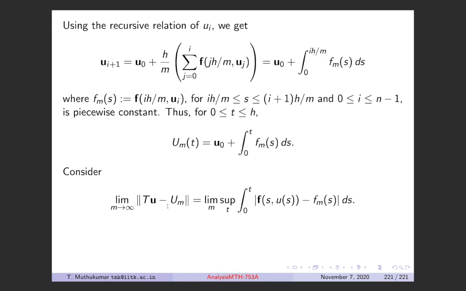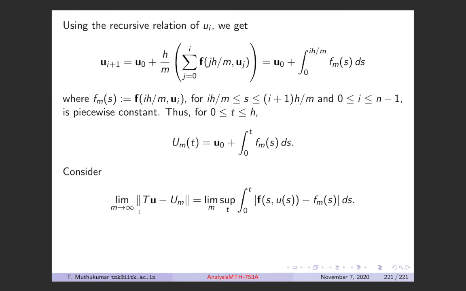And this is in this form. So this u0 will get cancelled when you subtract. What remains is this integral. So what remains is the integral of f, which is coming from Tu, and fm, which is coming from Tum. So this difference. Okay, so limit of m going to infinity.